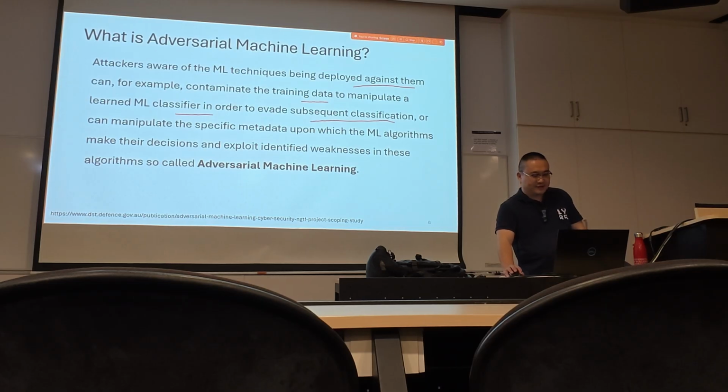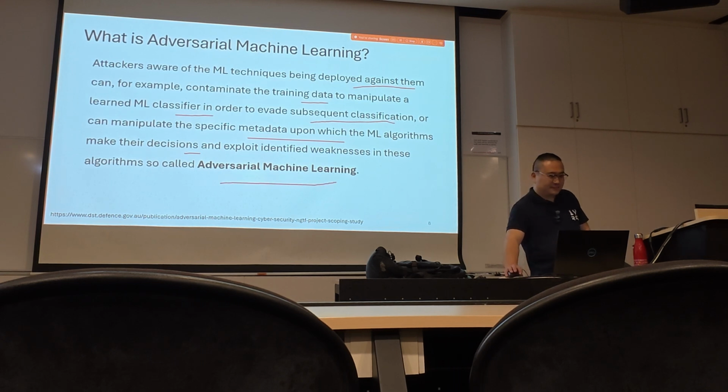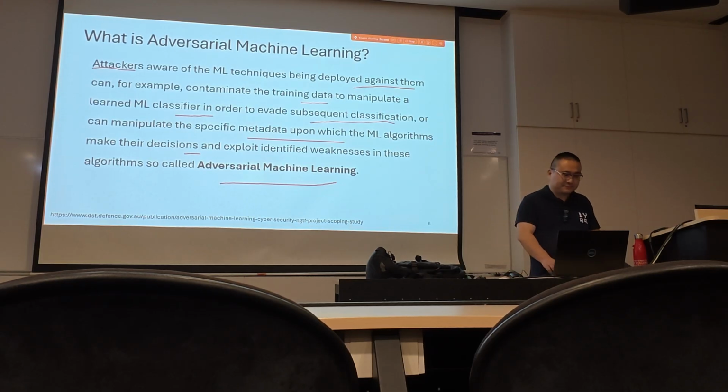Or they can manipulate specific metadata on which the machine learning algorithms base their decisions. This way, the attackers can exploit the weaknesses in these algorithms. And this is called adversarial machine learning. To put it simply, the attackers want to fool the machine learning model.